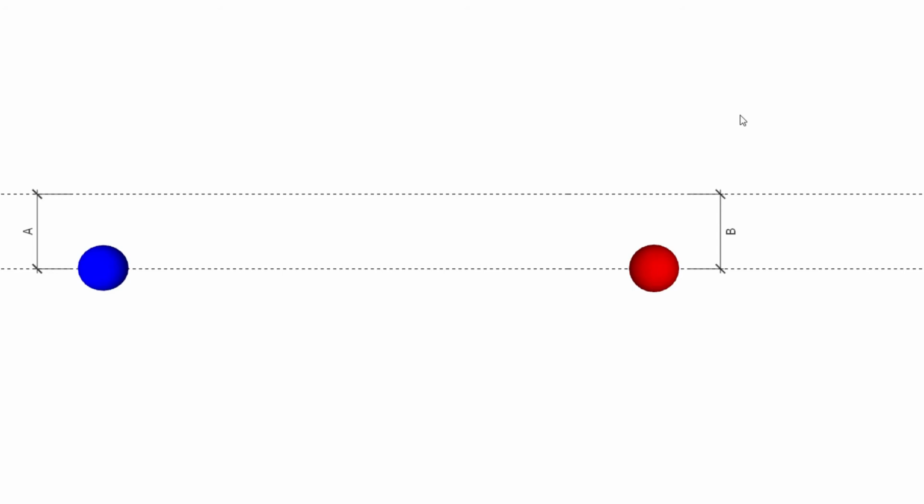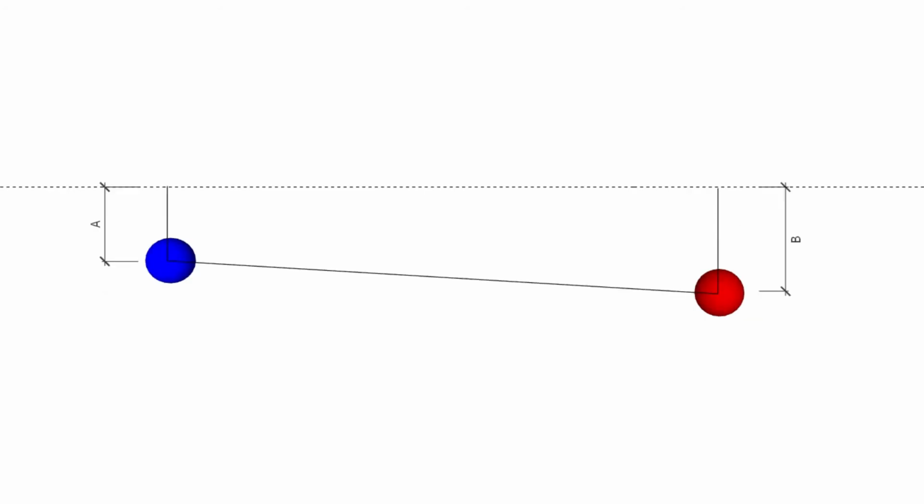Essentially, what we're doing is we're collecting 2 dimensions in relation to each of the points that we're measuring. We have the distance between the points, and then separately, and with respect to each of the points, we have a distance from the point to a reference line.